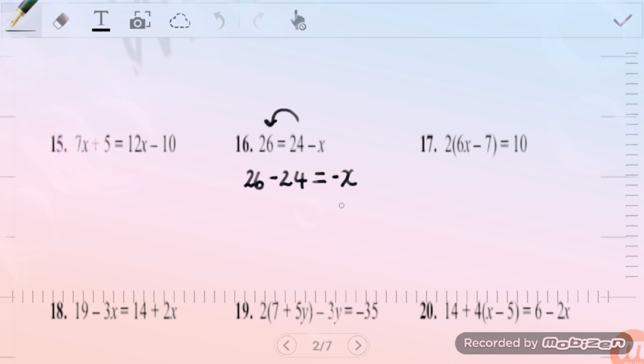So you can actually go ahead now and divide both sides of the equation by minus 1. And we already mentioned that here 26 take away 24 is 2. So we're going to divide over here by minus 1. All right. Now we don't need to put a 1 here to show the marker that that's what is there. We already understand that the minus 1 here, understood value here, is going to cancel.